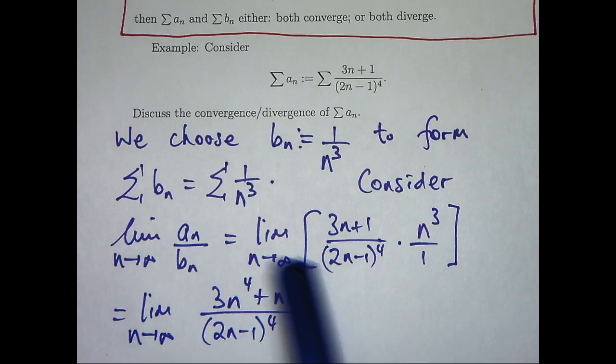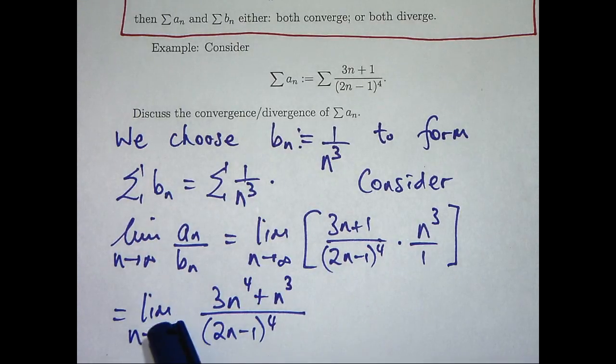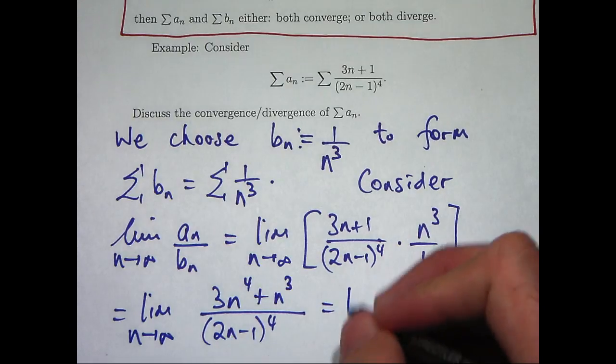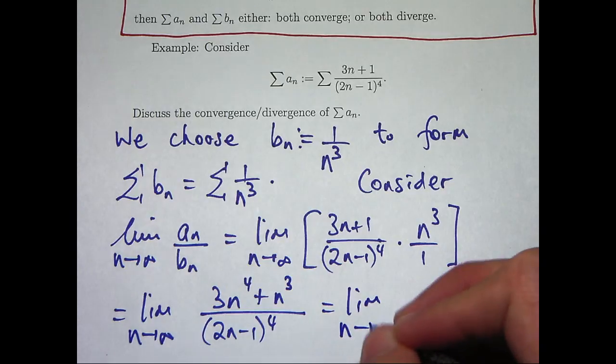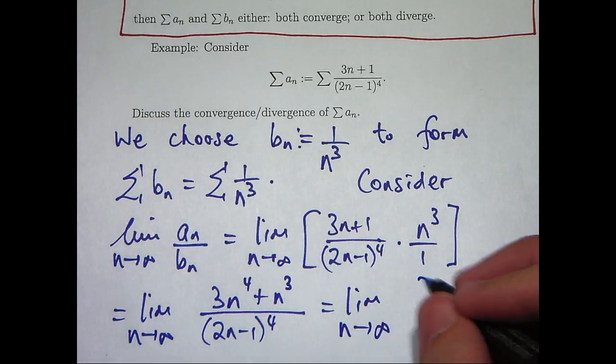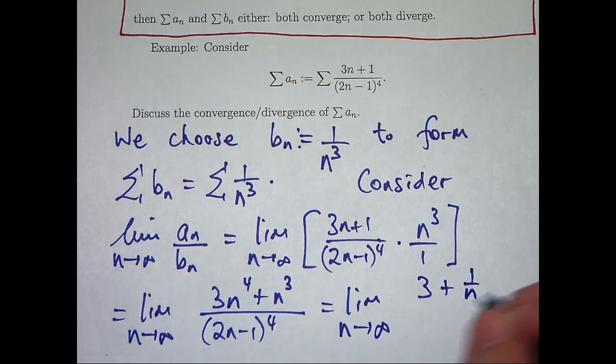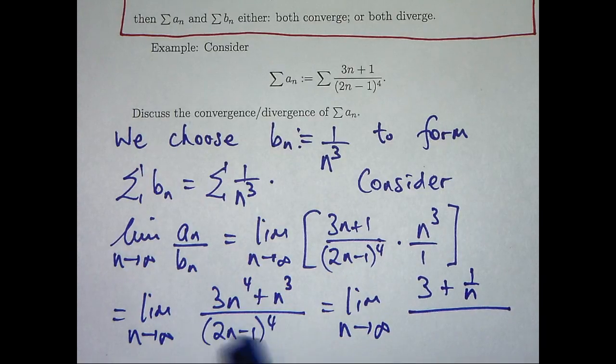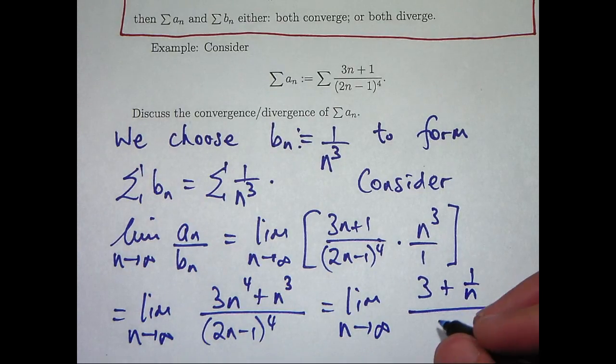Okay, so now to evaluate this limit, I'm going to divide top and bottom by the highest power in the denominator, which will be n to the power 4. If I divide the top by n to the power 4, I get this. And if I divide the bottom by n to the power 4, I'll get this.